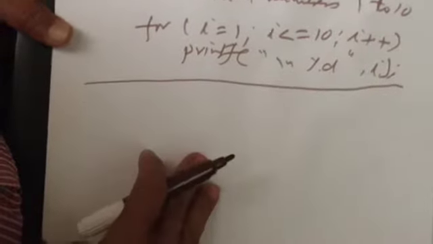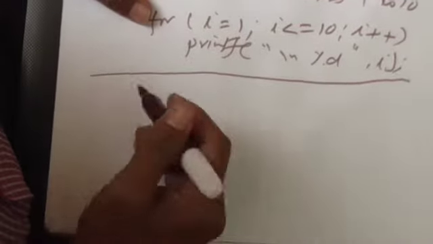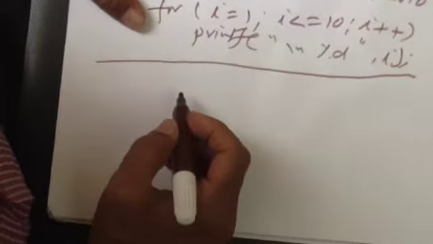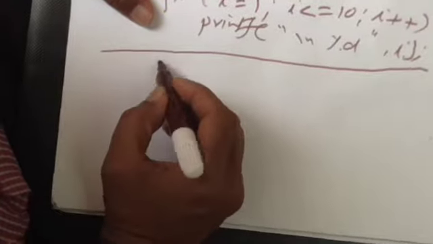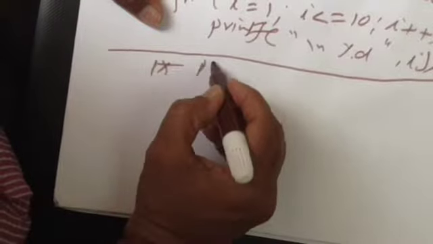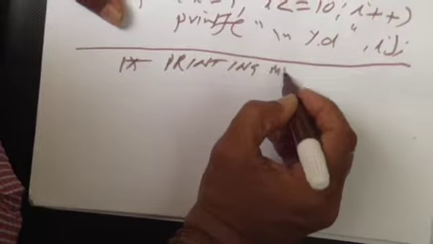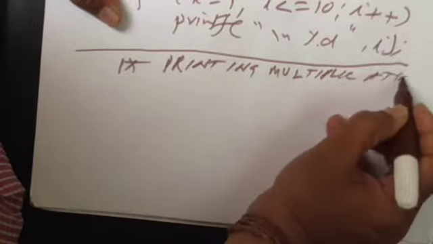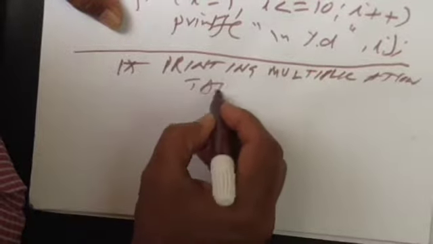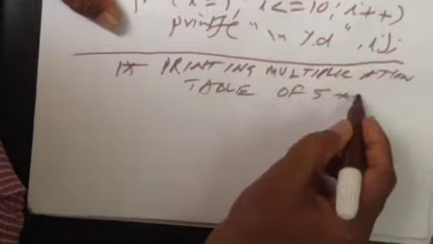Or if you want to print a multiplication table for the number 5. Let us say we are printing a multiplication table of 5.